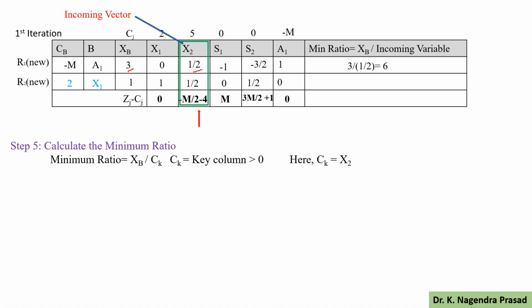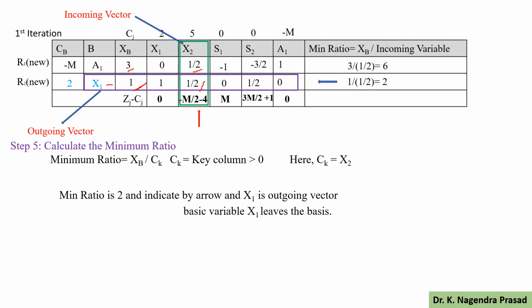Next we determine the ratio for the x1 row. Here the xB value is 1 and the incoming variable value is 1 by 2. So 1 divided by 1 by 2 is 2. So here the minimum value is 2 and it is indicated by the arrow, and x1 is the outgoing vector. So the basic variable x1 leaves the basis.